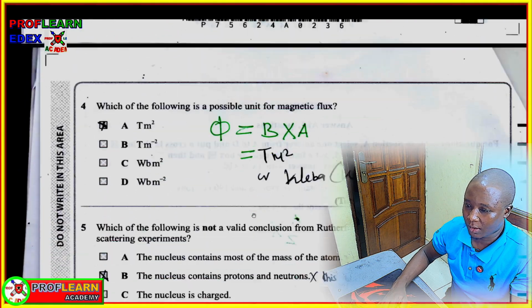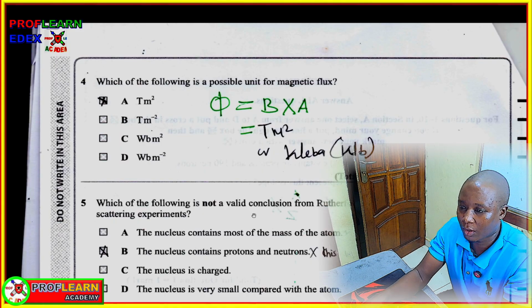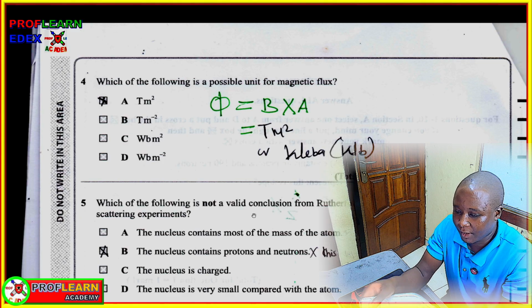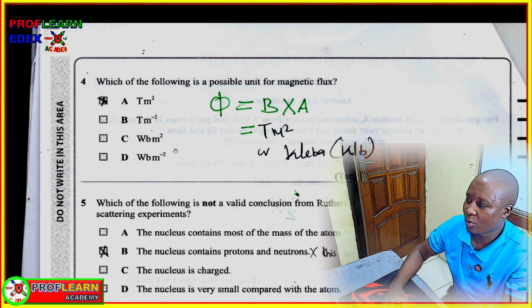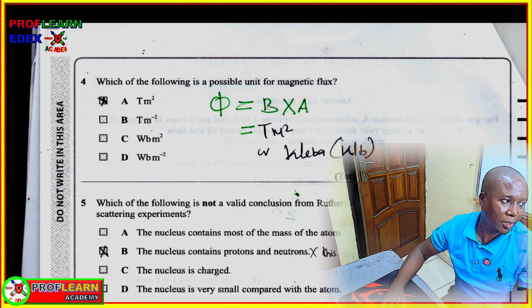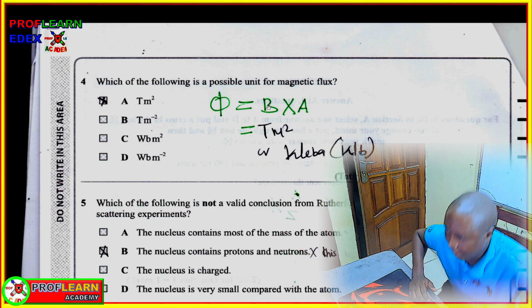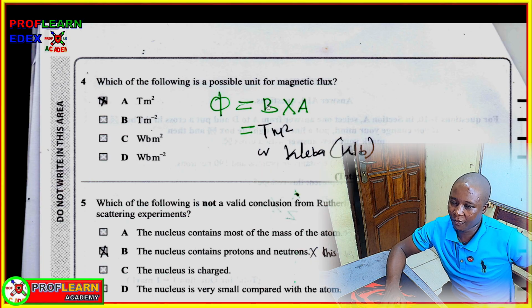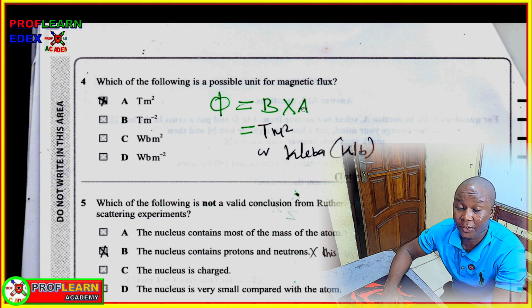The next question that we need to have a clear understanding on is about magnetic fields. In this case, we are told the following is a symbol. Which of the following is the possible unit of magnetic flux? At this point, what you are supposed to remember is the formula for obtaining the magnetic flux. Magnetic flux is the magnetic flux density times the area.